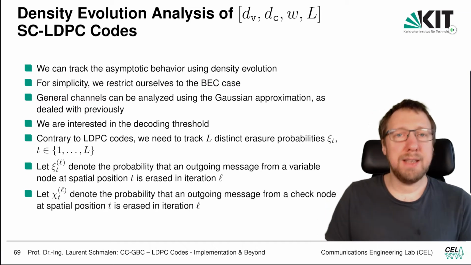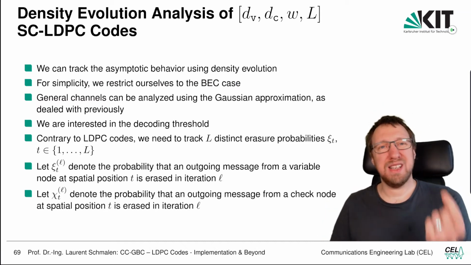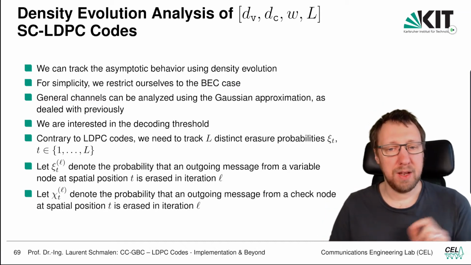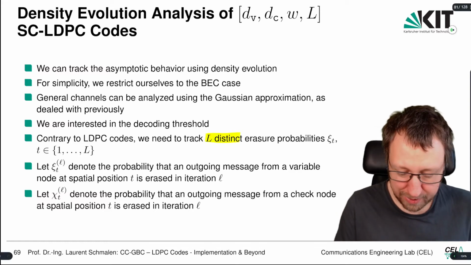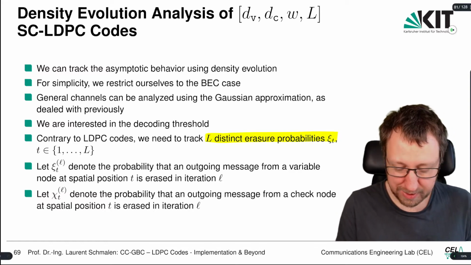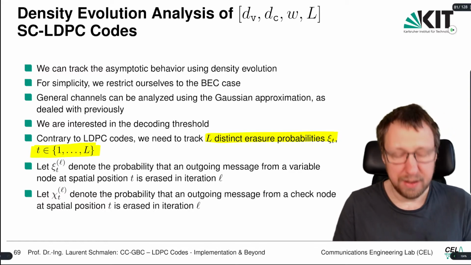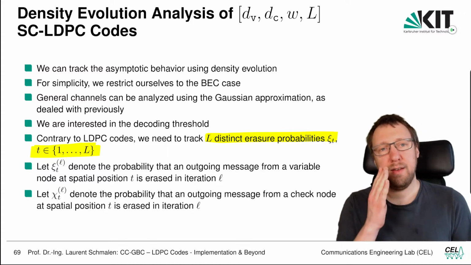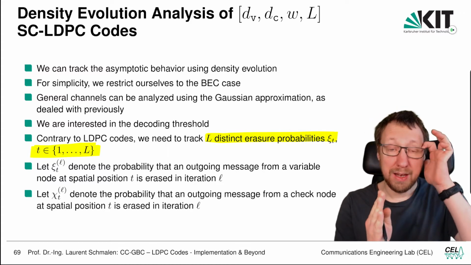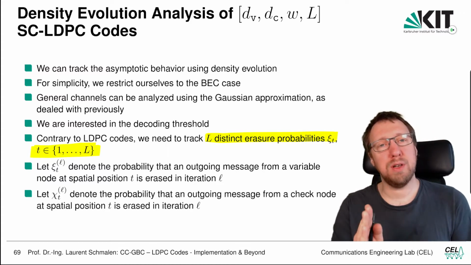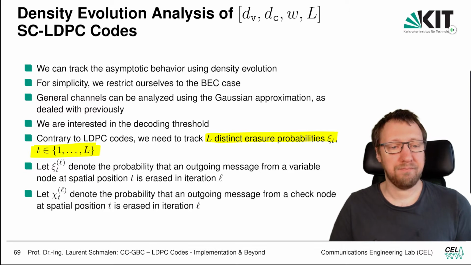So instead of tracking just one single erasure probability, now we need to track L different erasure probabilities, and we need to have a specific one for every possible spatial position.